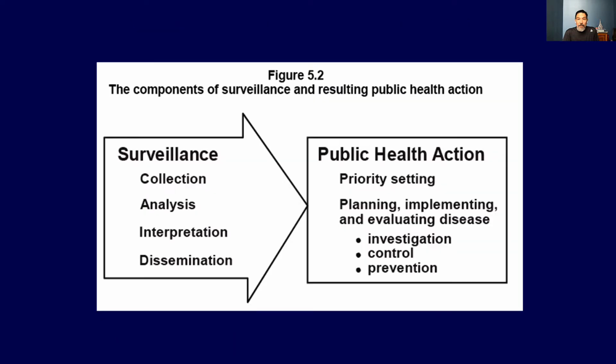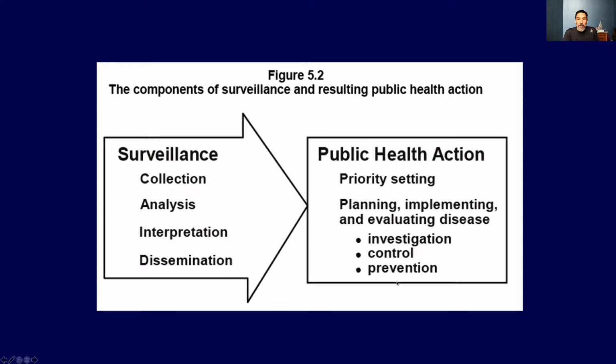So in the US, at least, the concept of public health surveillance doesn't really include the part where there's programmatic implementation in response to the data to prevent and control disease. But it does include this intended link between the activities of surveillance and the public health action that follows from them.